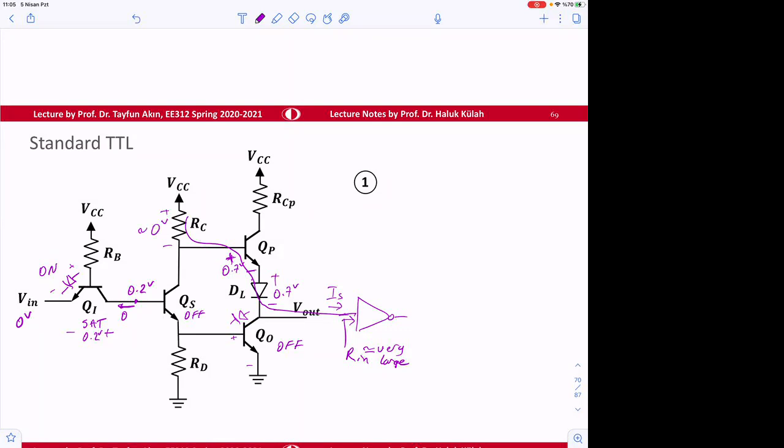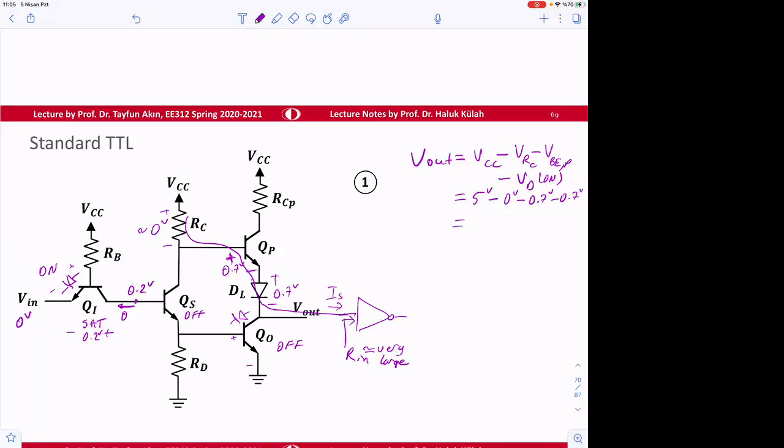So V out can be calculated to be VCC minus VRC minus VBE of QP minus VD of on voltage, VDL. So the voltage there is going to be 5 volt minus 0 volt minus 0.7 volt and minus 0.7 volt.